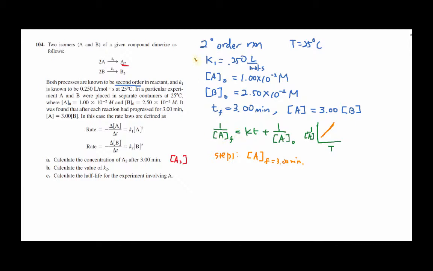We have k, that's good. We have k1, I should write k1. We have time, 3 minutes, and we have initial concentration of A, and we can find the final concentration of A.